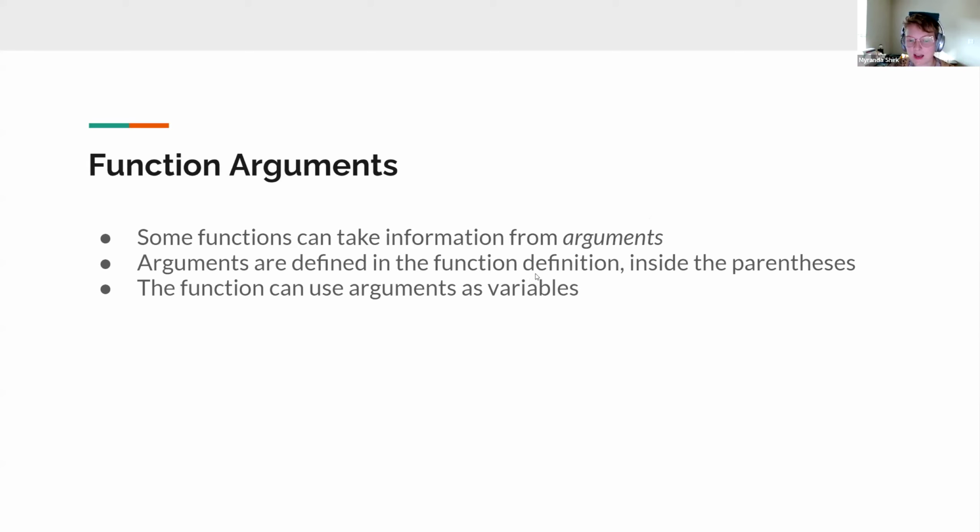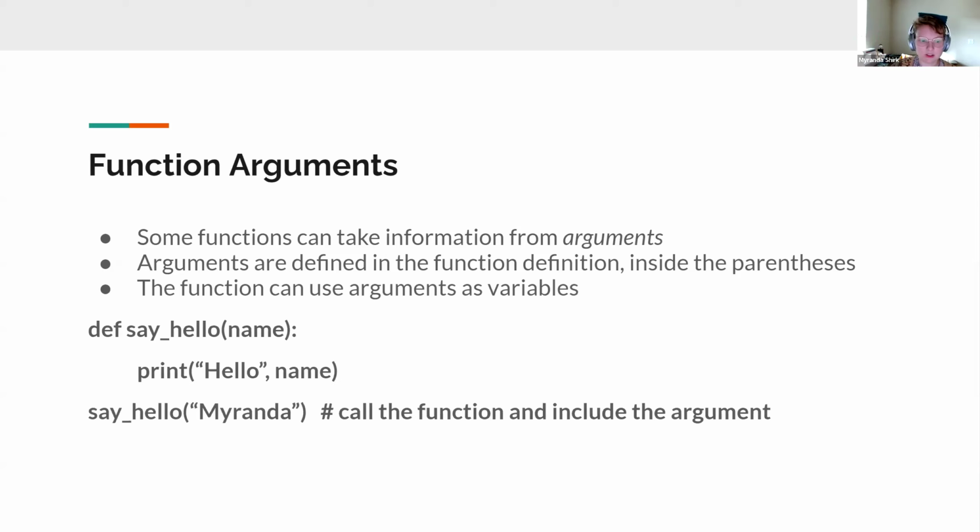Arguments are defined in the function definition inside of those parentheses, and then the function can use those arguments that you give it as variables inside the function. So it's kind of like giving input to your function and allowing it to use different inputs that you give it. So let's say we want to define a function that says hello using a name.